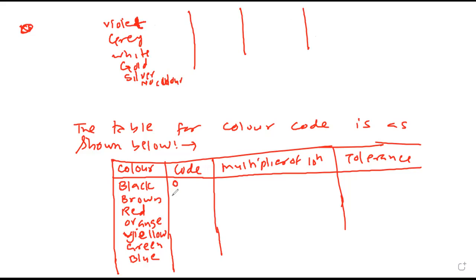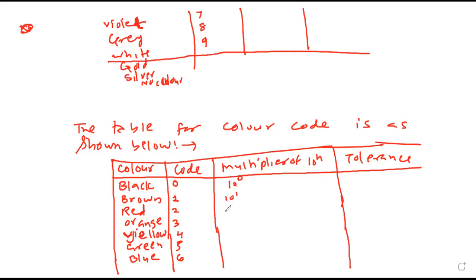Black is code 0, then 1, 2, 3, 4, 5, 6, 7, 8, 9. The multipliers are 10 raised to 0, 10 raised to 1, 10 raised to 2, 10 raised to 3, 10 raised to 4, 10 raised to 5, 10 raised to 6, 10 raised to 7, 10 raised to 8, 10 raised to 9.